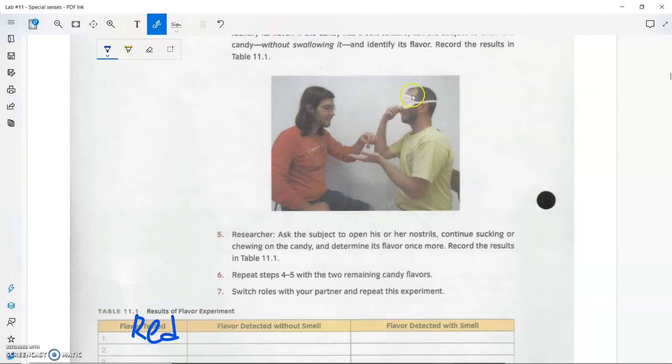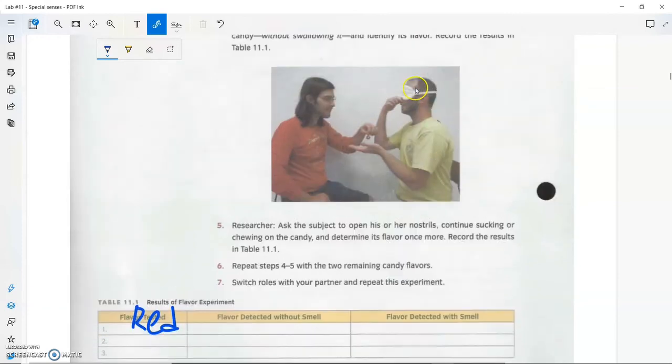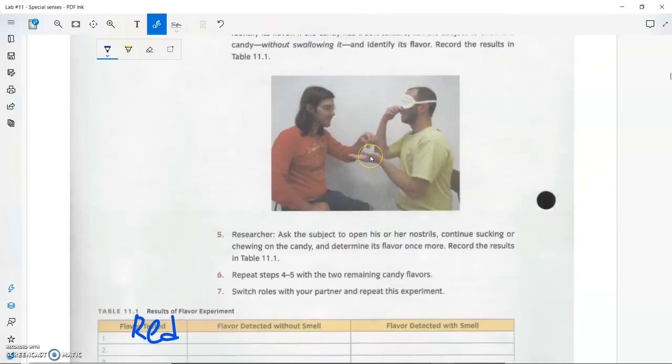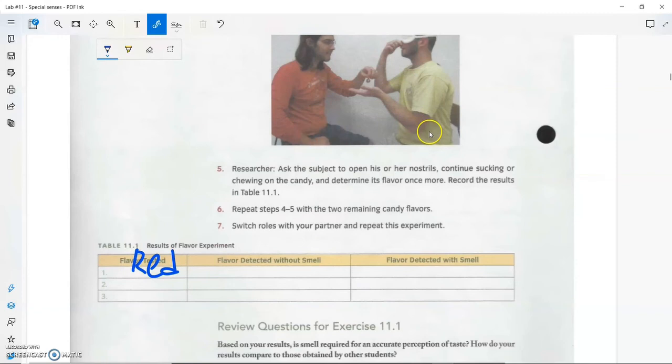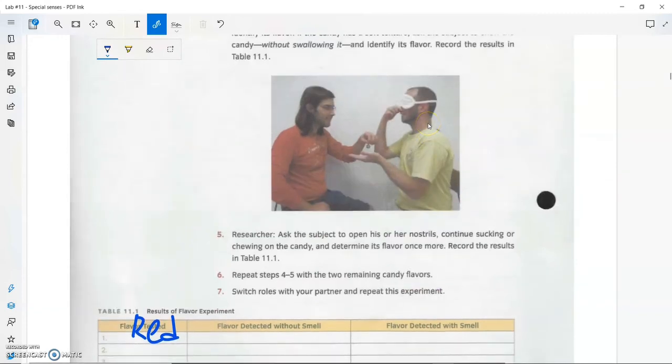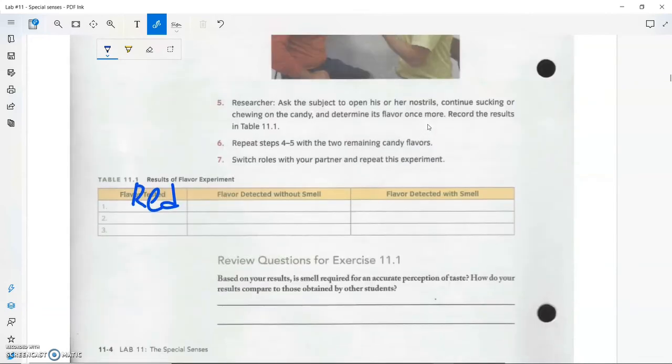One person is blindfolded, and this person tries to taste lollipops of different types with the nose closed like this or not. So we're going to hypothetically have red, green, and yellow.